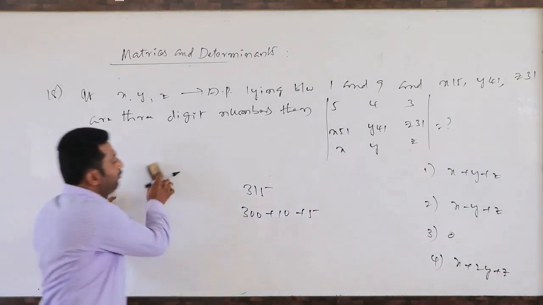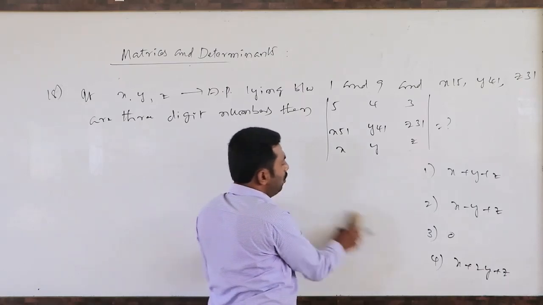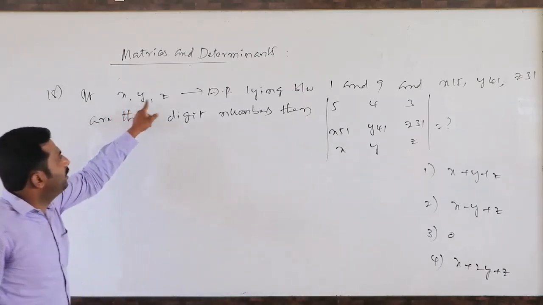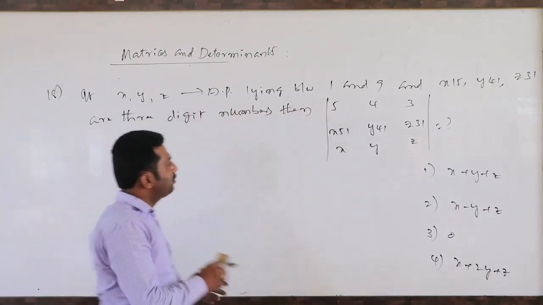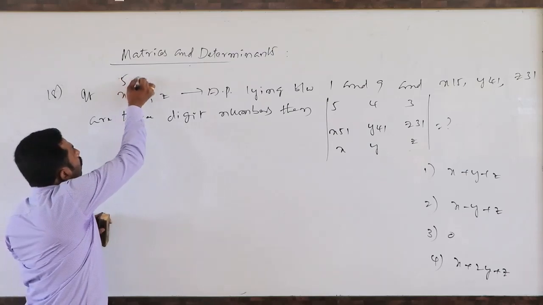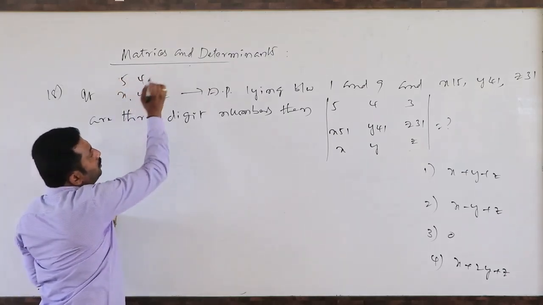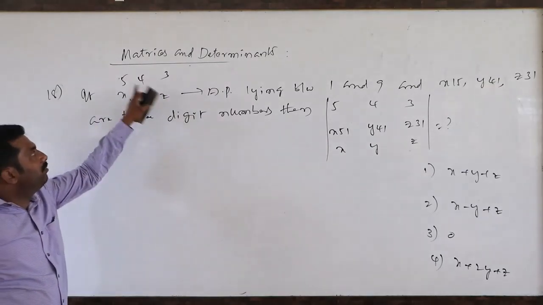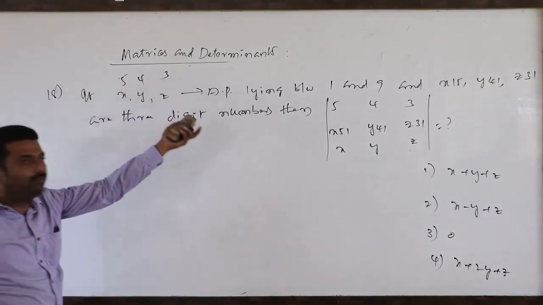So what is this determinant value? Only one step, by seeing itself we can put the answer. X, Y, Z lying between 1 and 5 means a very simple trick. Take X value 5, 4, 3. X, Y, Z are in AP means 5, 4, 3 also are in AP.